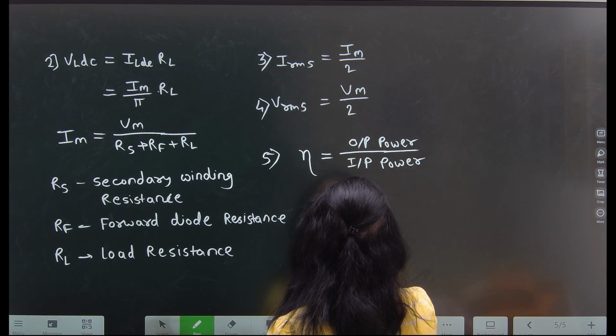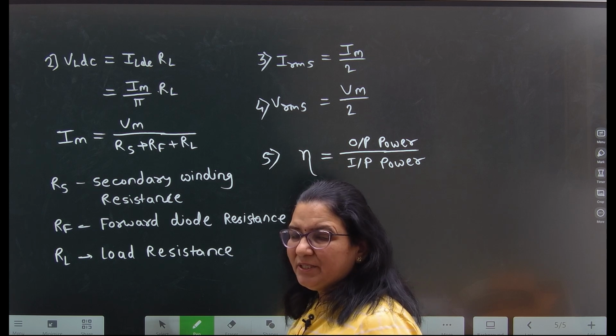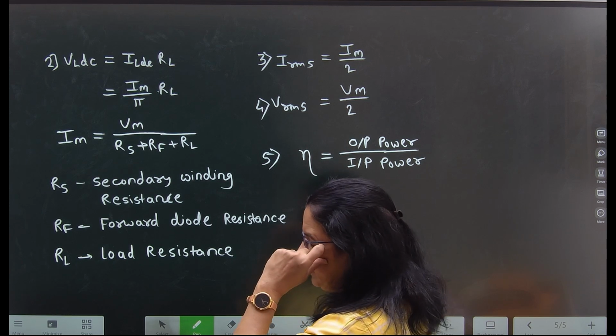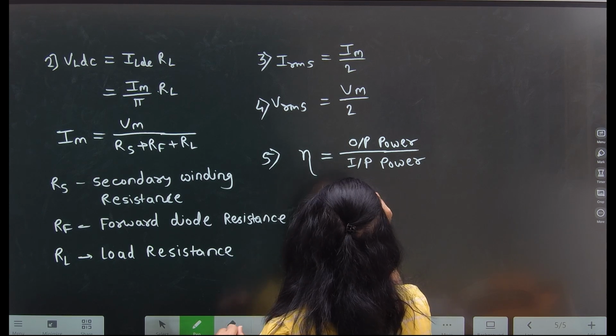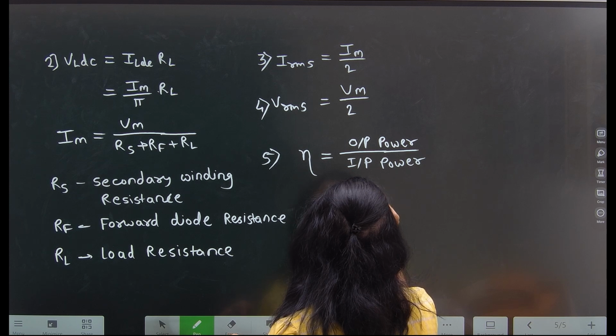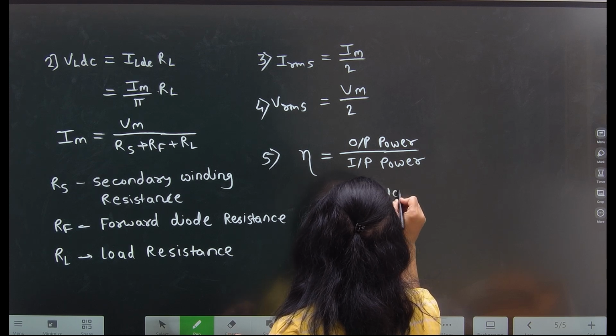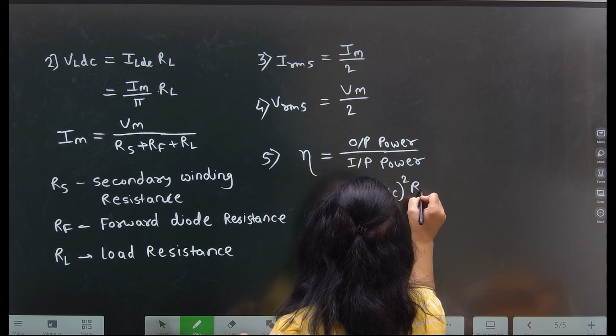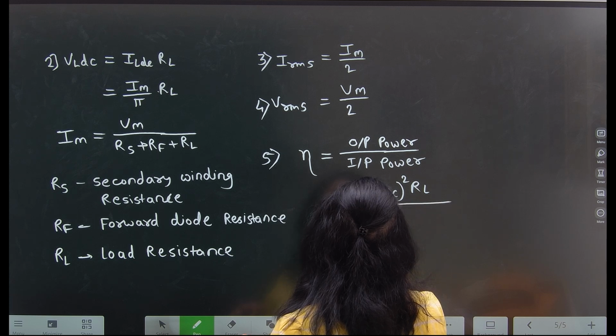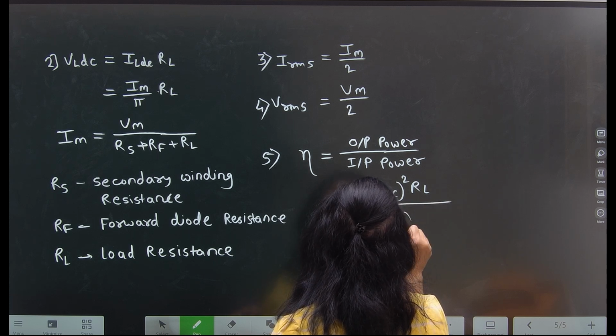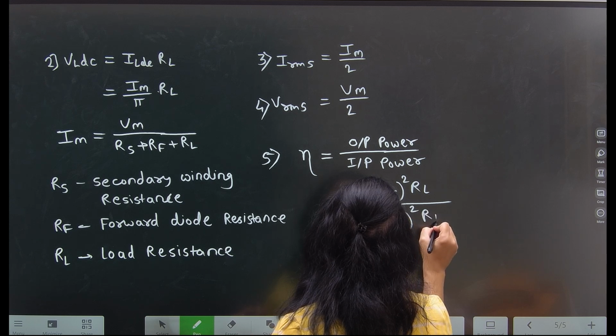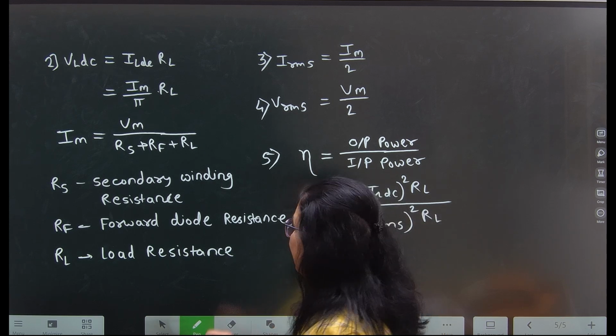Output power is always calculated by the formula I square RL, so ILDC square into RL, and input power is IRMS square into RL. This is rectifier efficiency.